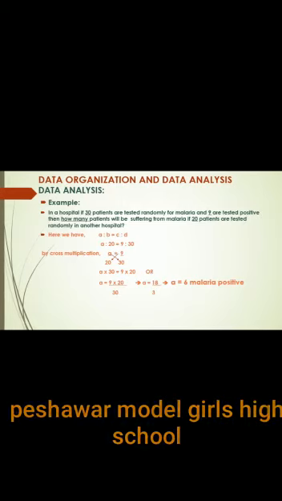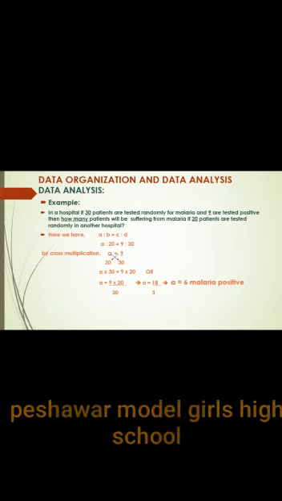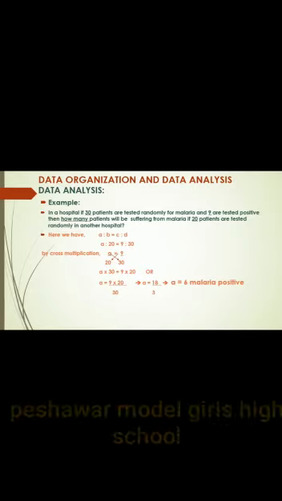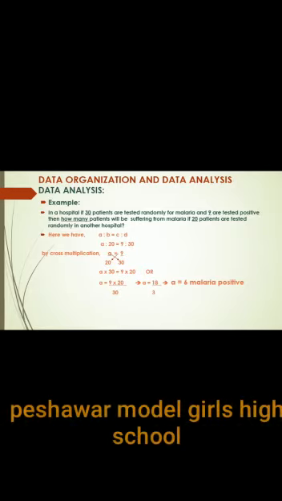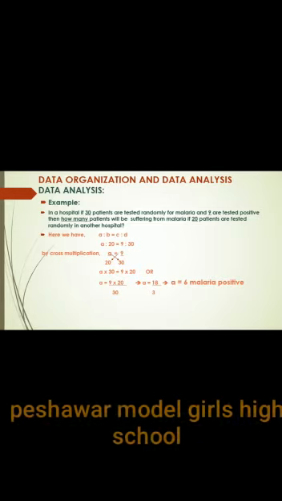Our first ratio will be 9:30 in place of C:D. In the second ratio, we have B as 20 patients. We need to find the value of A in A:B. So, by cross multiplication and then by multiplying and dividing, we will get our answer as 6 malaria positive patients.